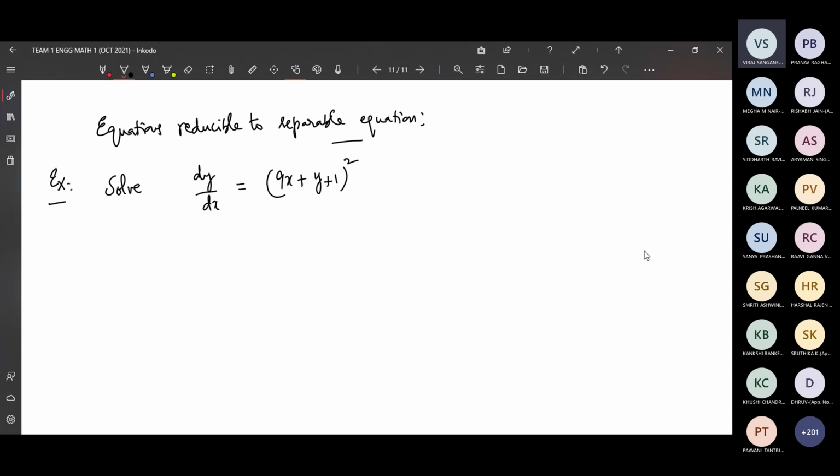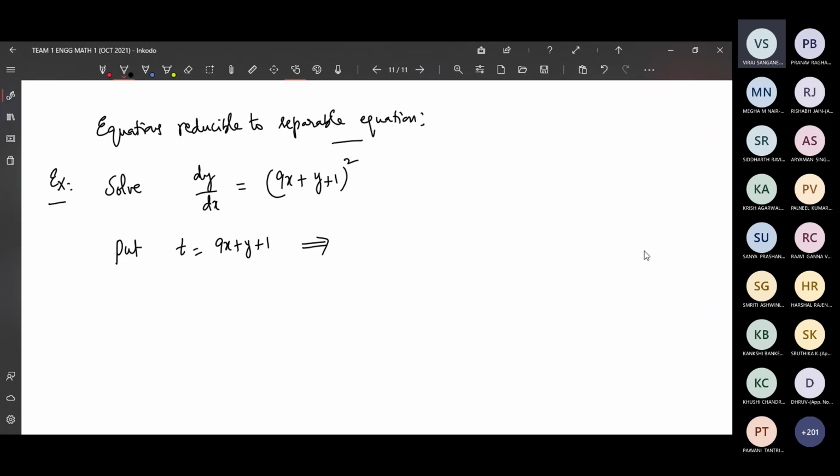So in this case, we go by a simple substitution with a new variable t. I'll take t as 9x plus y plus 1, so that the entire equation converts into two variables, one is t, the other one is x, and we get rid of y.